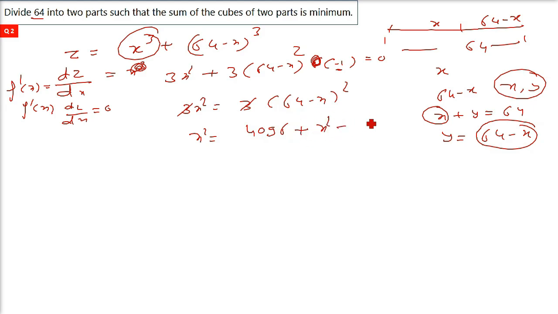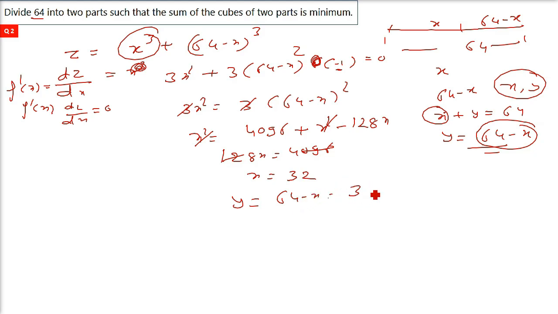I'm just expanding it. (64 minus x) whole square: 64 square is 4096, x square is x square, and minus 2 into 64 into x is minus 128x. When we cancel, we get x as 4096 by 128, and that gives you 32. The other number will be y equals 64 minus x, so 64 minus 32 is again 32.